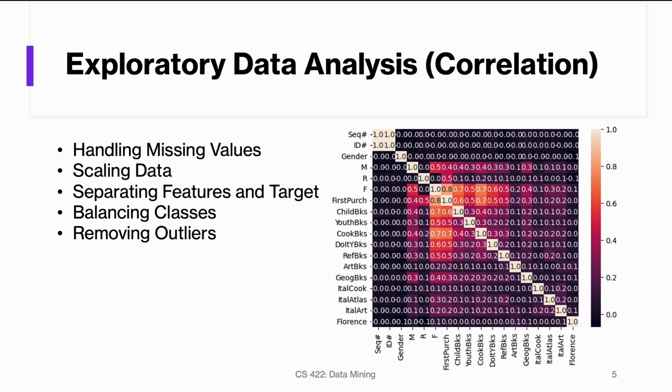In the exploratory data analysis, we checked the correlation with the feature of the Florence. We saw it's imbalanced, so that means we need to work on the data. So we decided to check for missing values and handle them, scale the data, separate features and target, balance classes, and remove outliers.